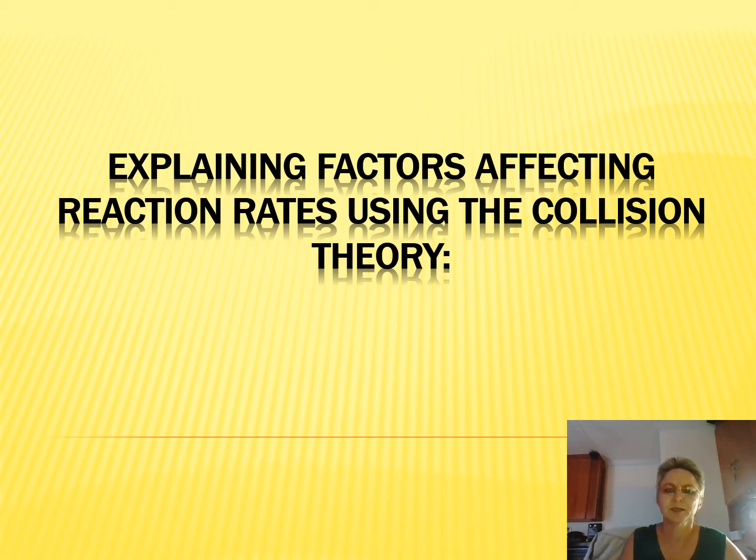Next, I have to explain the factors affecting reaction rates using the collision theory. So the factors were the concentration of the reagents, the temperature of the reagents, the surface area of the reagents, and then also the use of a catalyst and the type of reagents.